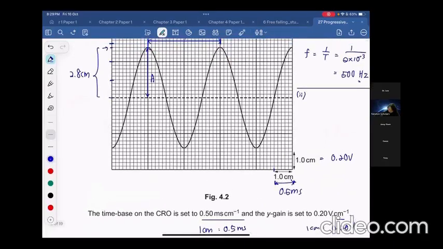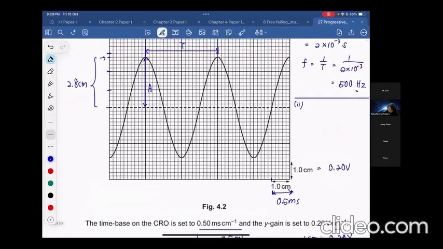So 2.8 cm times 0.2 volt per cm, the cm cancel, so I get 0.56 volt. The tricky part is you have to be careful. It does not yet reach 5 boxes, not yet 1 cm. It's 2.8 cm. Is that clear?